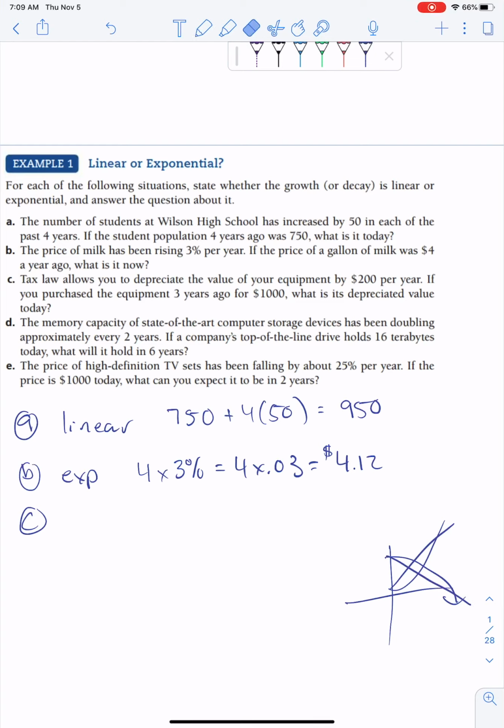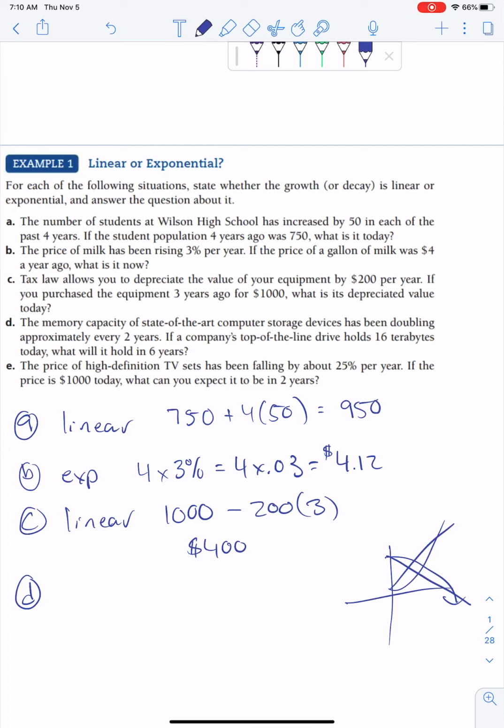So since we're decaying $200 every year, this is linear decay. And we're going down $200. So 1,000 is where we started minus $200 over 3 years. So that leaves me with $400.